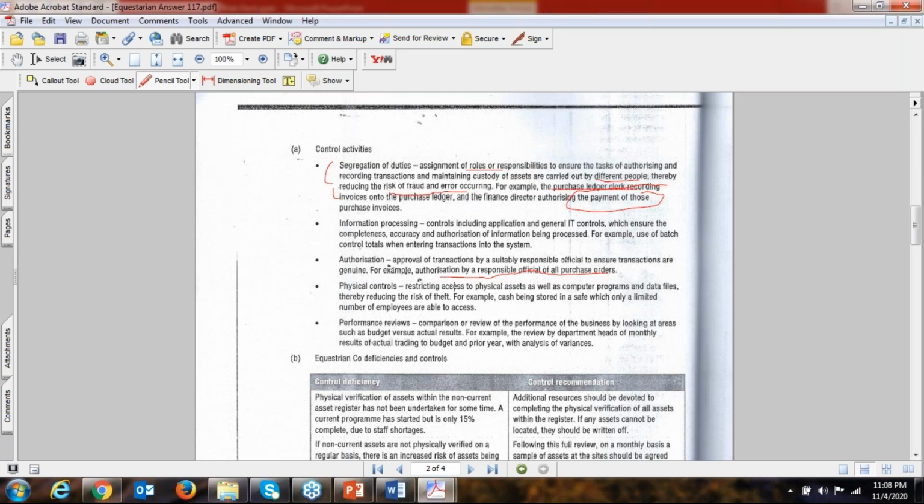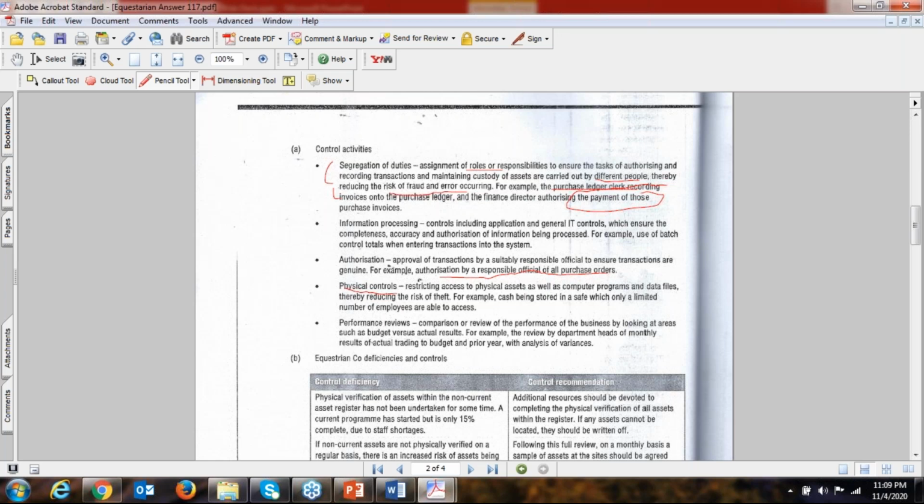Now the next control activity is physical control. For physical controls you just need to mention the generic definition of what it means: restricting access to physical assets as well as computer programs and data files. So this is the generic definition.